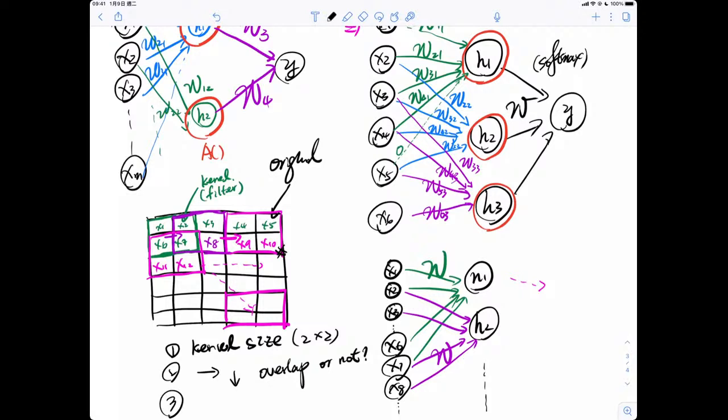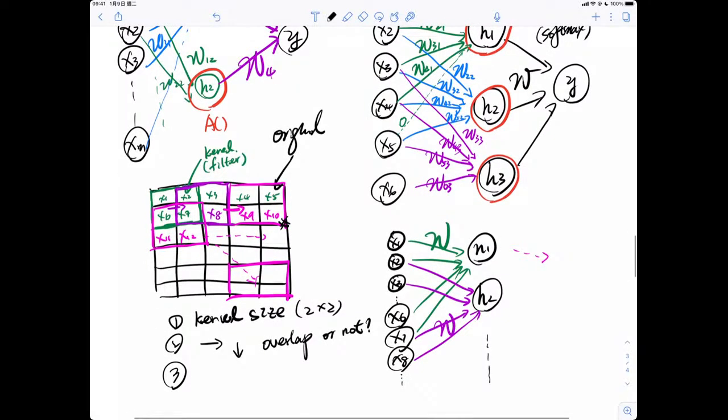Third is called the walk. You can walk from the left-hand side to the right-hand side, so how far do you want to walk? Actually, they're related. You can shift, from X1 maybe to X3 or even X4 or X5.